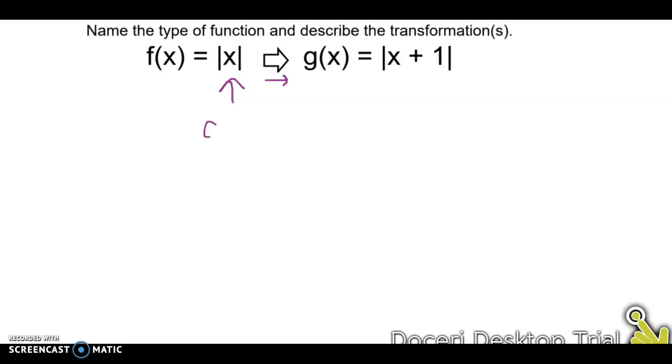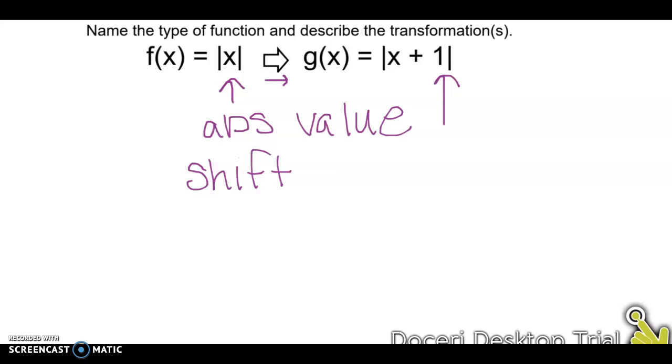So it is the absolute value function. And then what changes? Our a, our h, or our k? Our h. It's a positive 1. Remember, when the h is changed, it goes to the opposite. So it's going to shift it to the left. And the number tells you how many units. So it's going to shift it 1 unit.